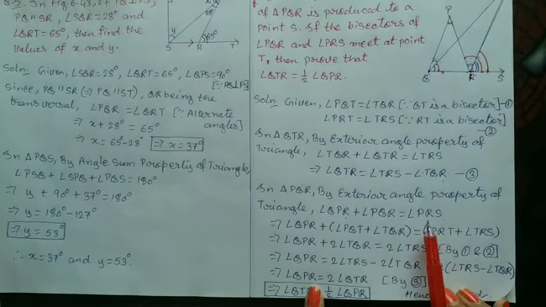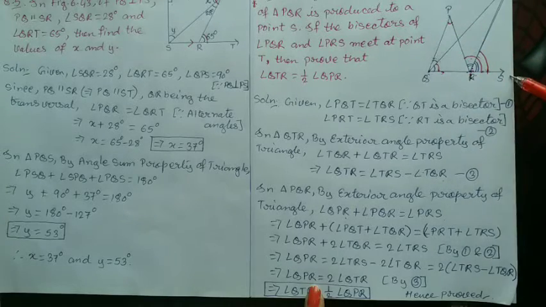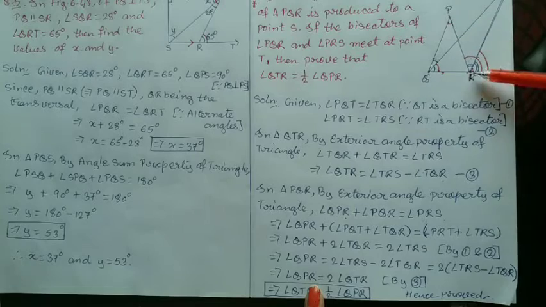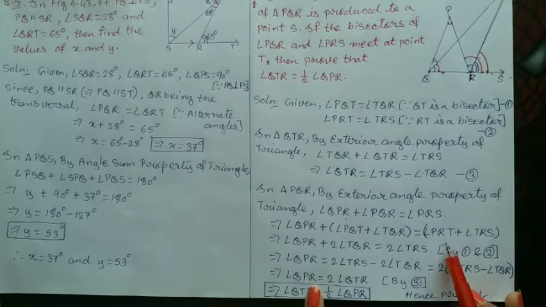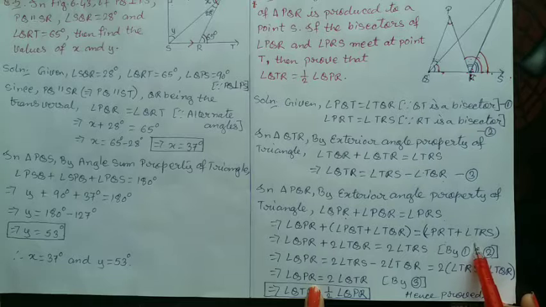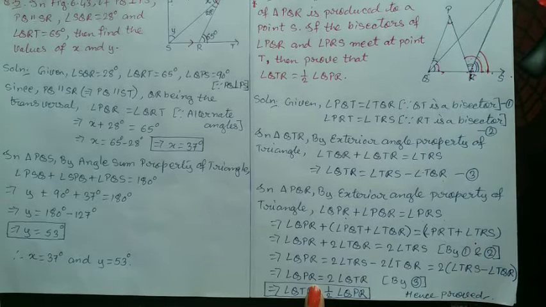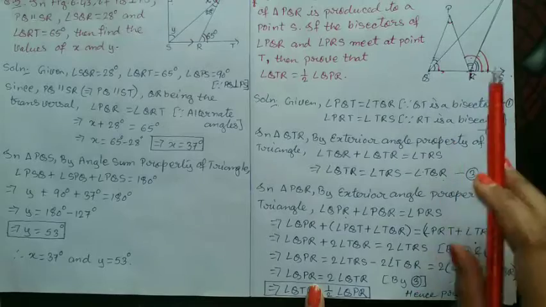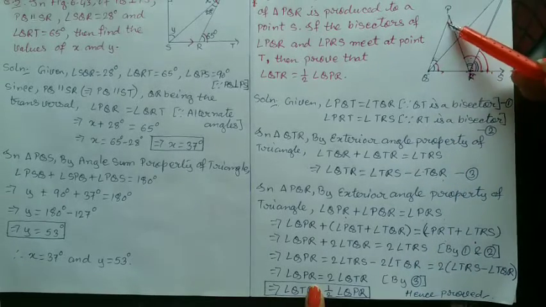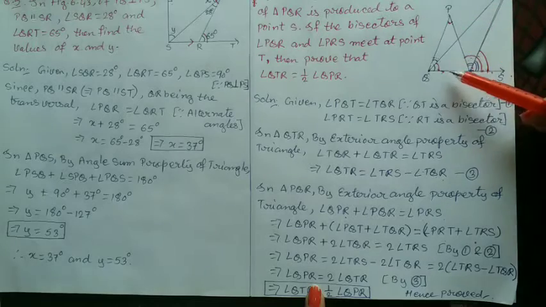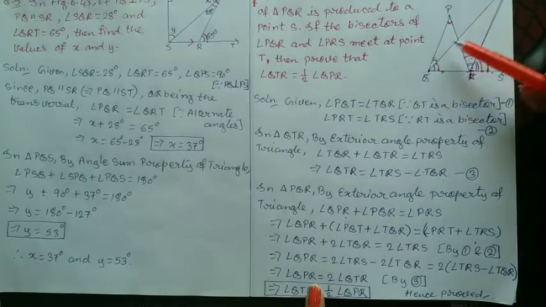And then PRS. PRS is also bisected by RT. So we can write PRS equals this angle plus this angle, that is PRT plus TRS. Now we will try to write everything with respect to triangle TQR, because we are trying to relate this angle with this one. From this equation we will come to this part.